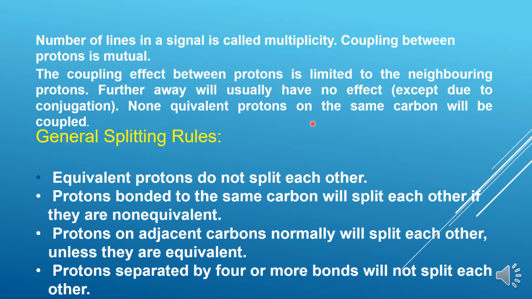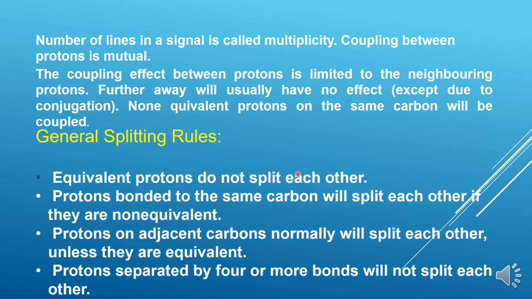That means if protons are separated by four or more bonds, they are a little bit away from the coupling process. So in such circumstances, splitting doesn't take place. If they are separated by less than four bonds, then splitting will be there.